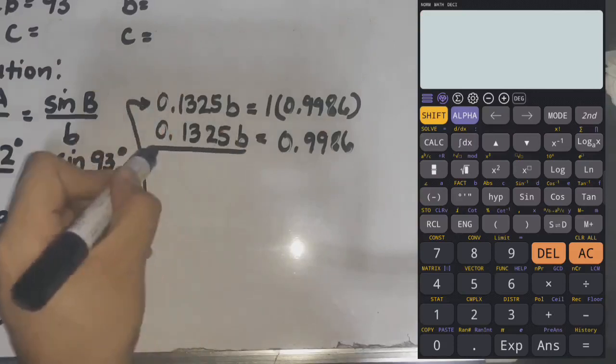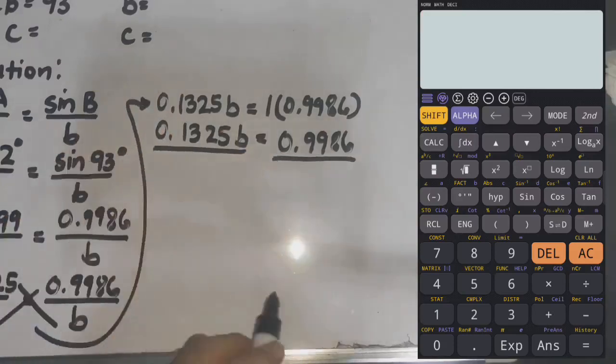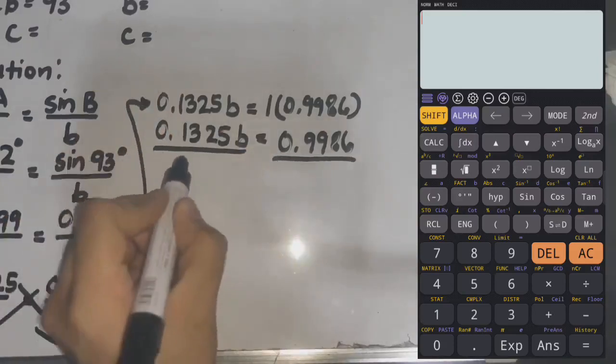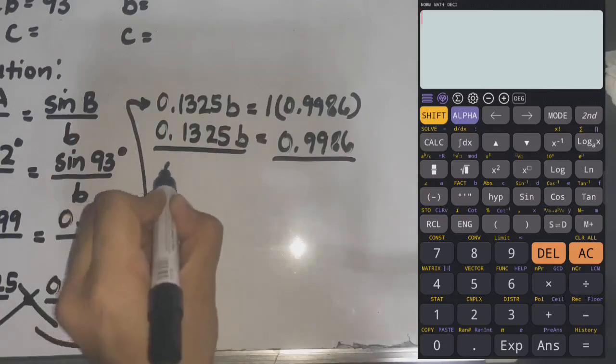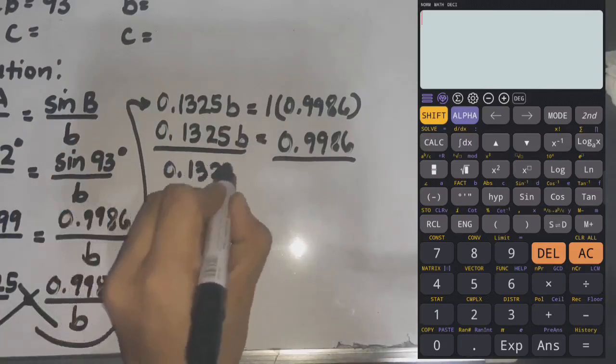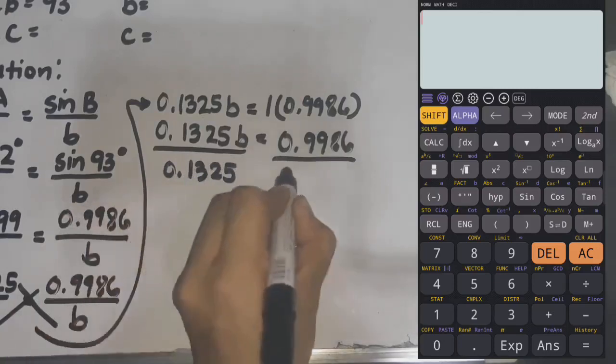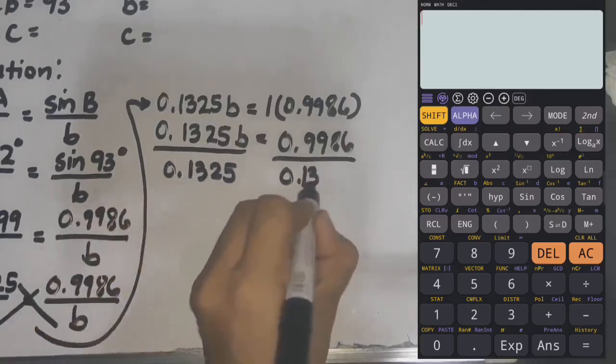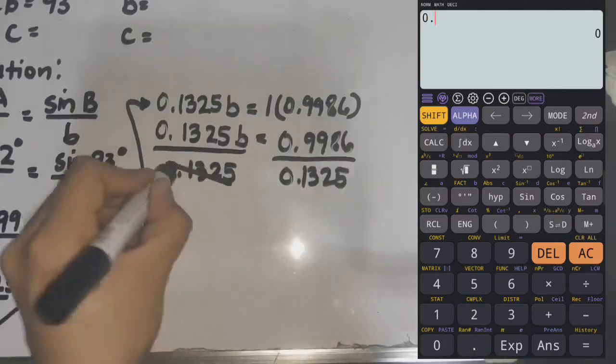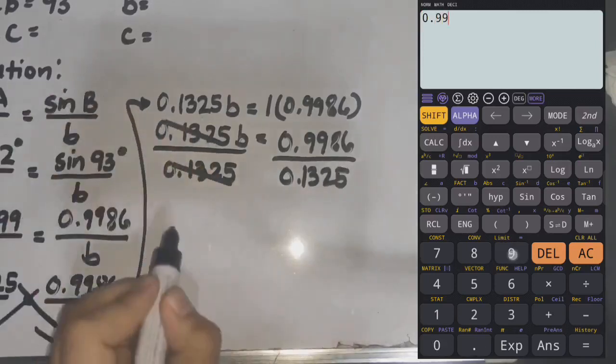So divide natin both sides by the number beside the variable B. So 0.1325. Okay, so cancel. Equals to 1 lang yun.